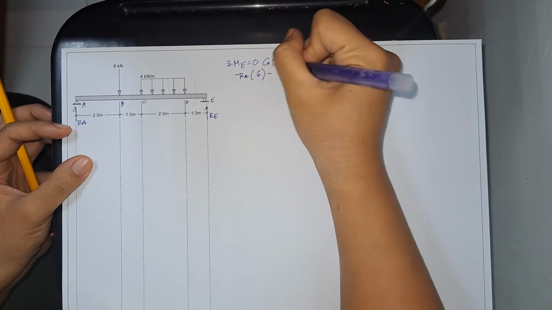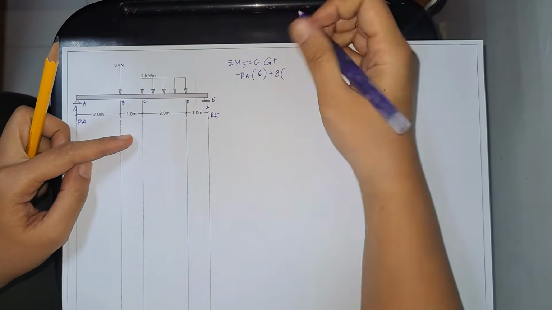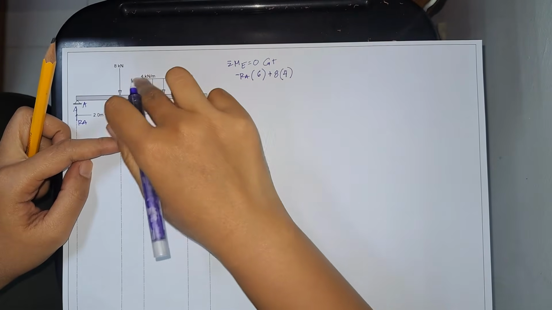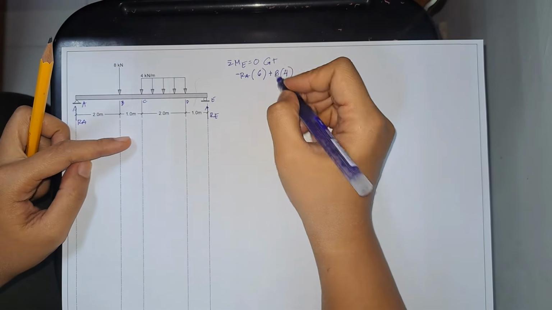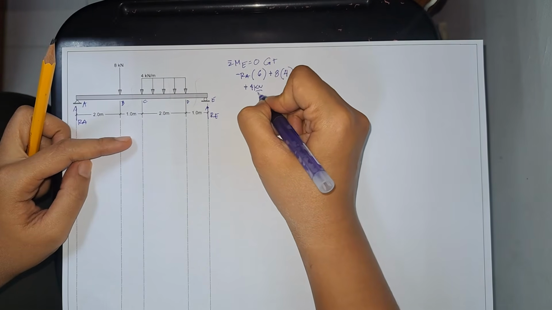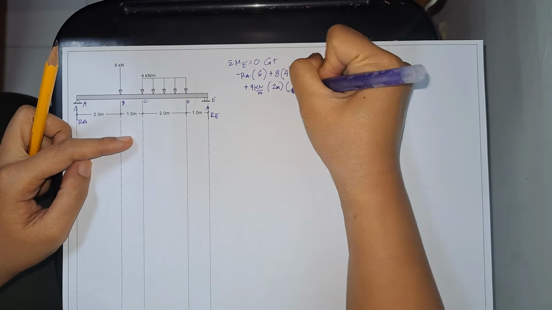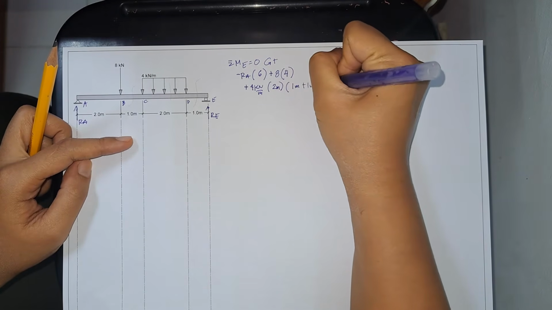Next, plus 8 kilonewton, moment arms 2, 3, 4. Okay, and then this one we have plus 4 kilonewton per meter. Length is 2 meters, tapos yung moment arm is 1 meter plus 1 meter. Okay?